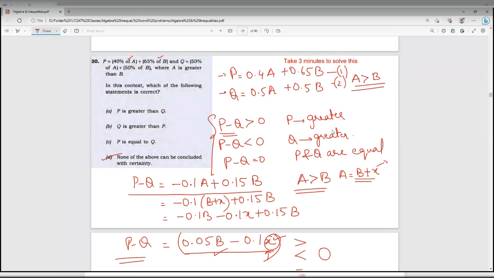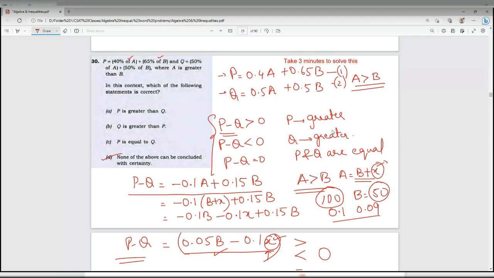So if you take A as 100 and B as 50, you may get one answer. If you take A as 0.1 and B as 0.09, you may get another answer where P can be greater than Q. So that's why you cannot just directly take the numbers here.